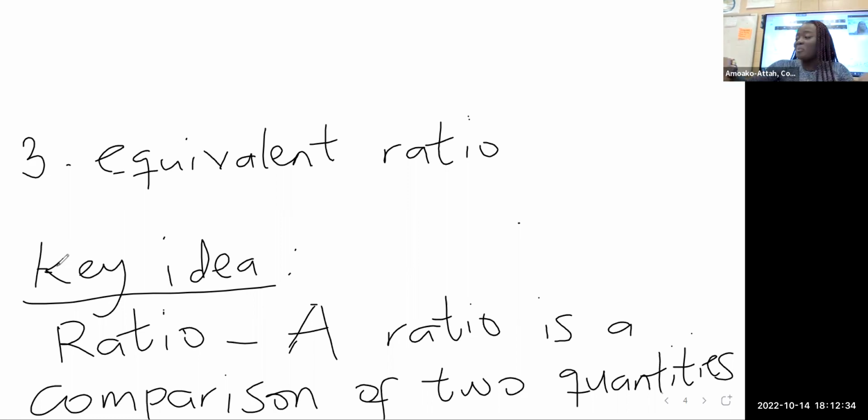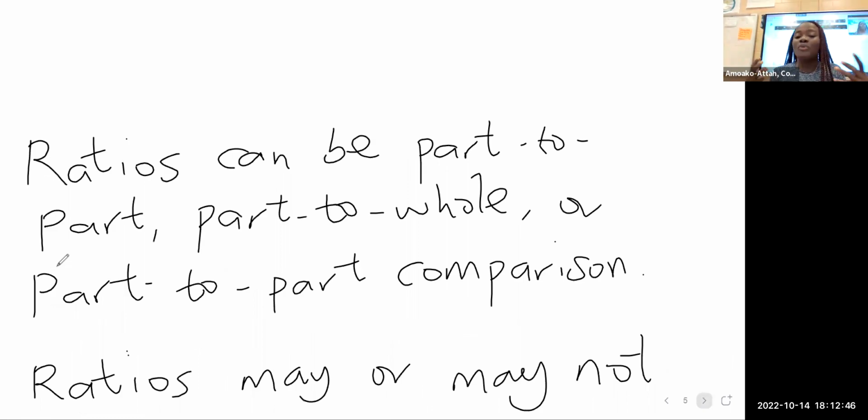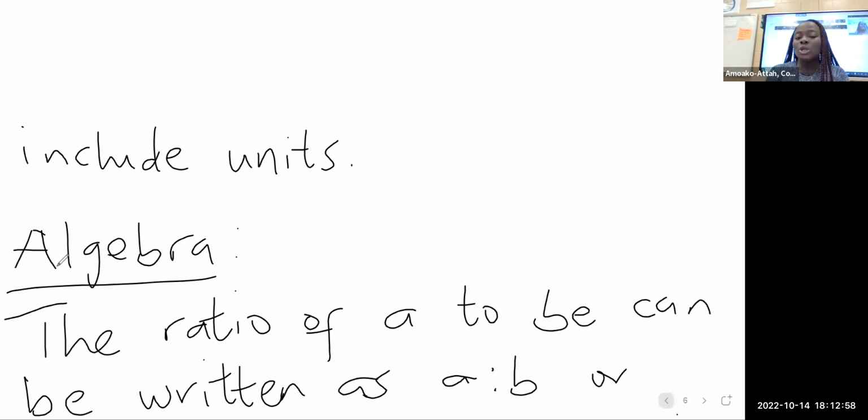So we are going to compare all these items. Ratios can be part-to-part or part-to-whole comparisons. Ratios may or may not include units.